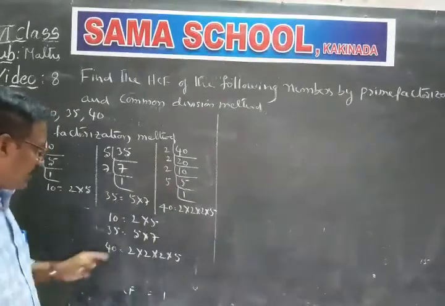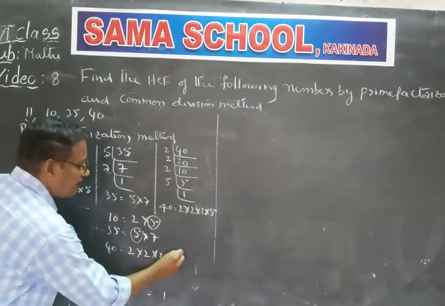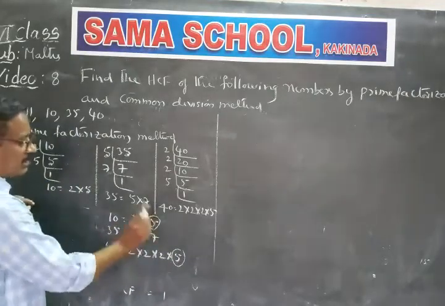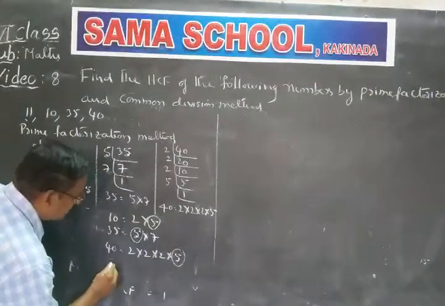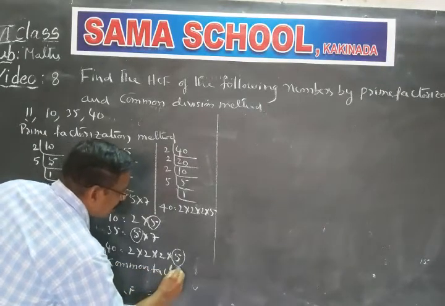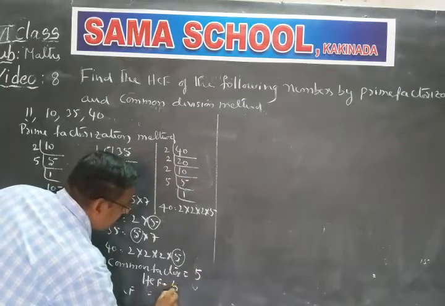Leave it. Next, take 5. 5 is the common factor in all three numbers. The other numbers are not there. So the common factor is 5. The HCF is equal to 5.